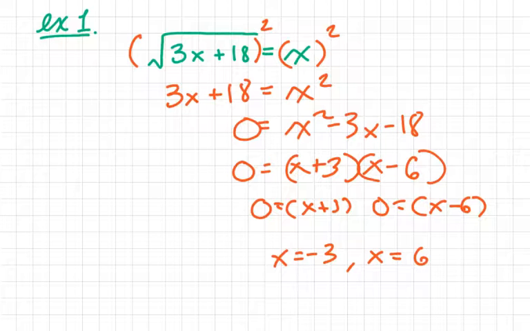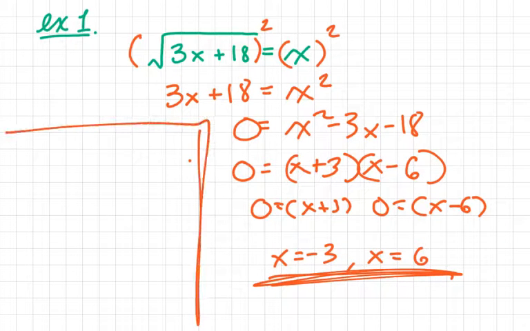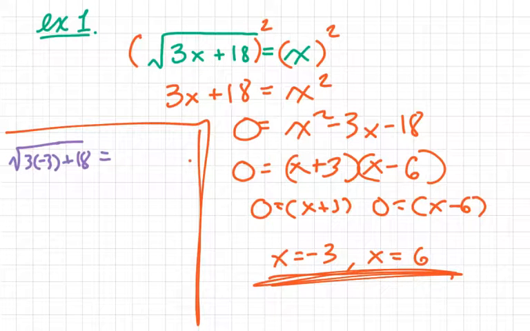Now, although we got two solutions, there's only one that's going to work for this problem, so we have to check. Let's check the first number, negative 3. The square root of 3 times negative 3 plus 18 is equal to negative 3. Let's see if this is going to work.